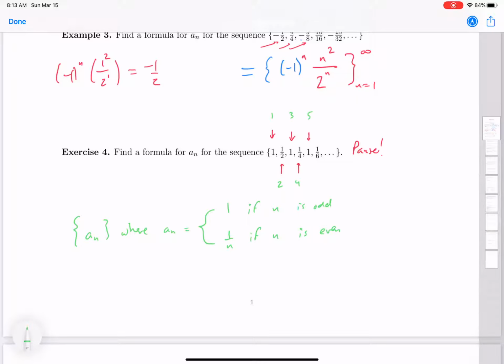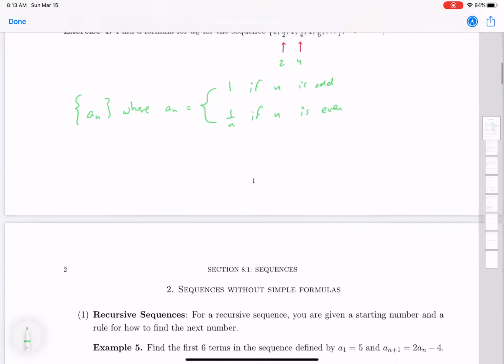And this is sort of a strange definition, but it is a legitimate way of defining a sequence, because for every single n value, that's what you get. And if you wrote this out in words or something like that, that's also a perfectly legitimate way of doing it. All right.